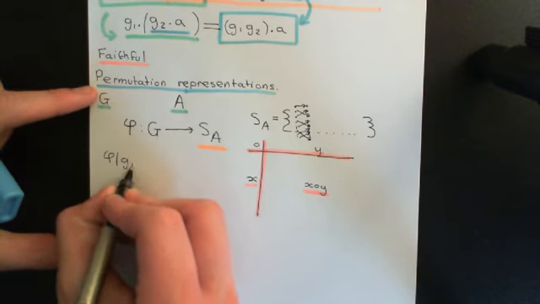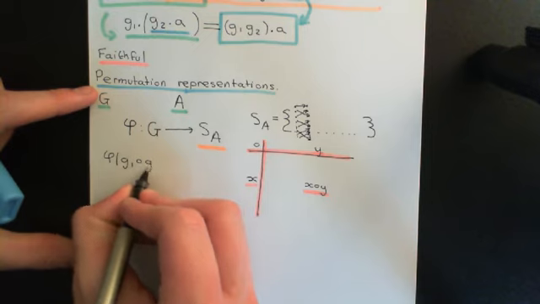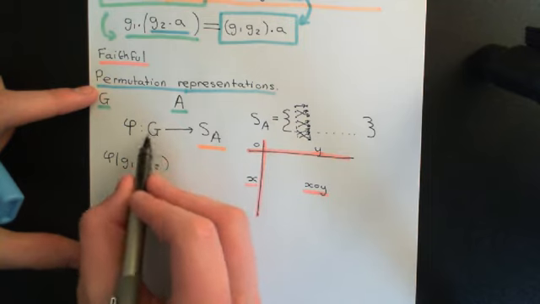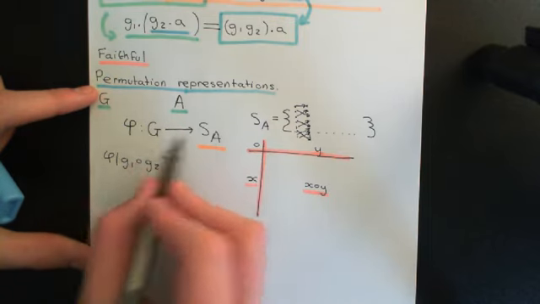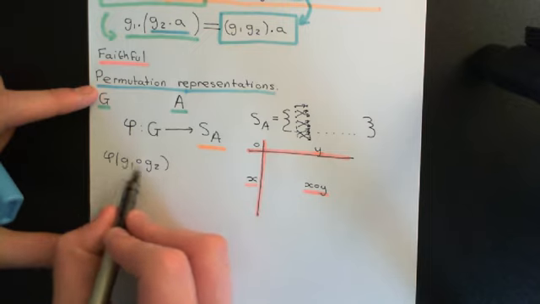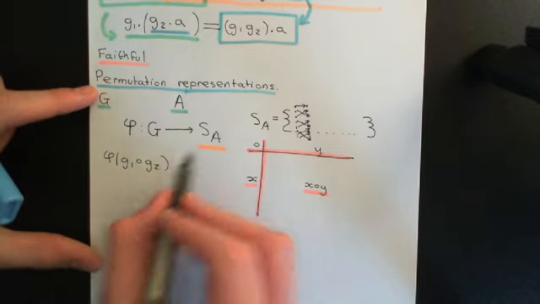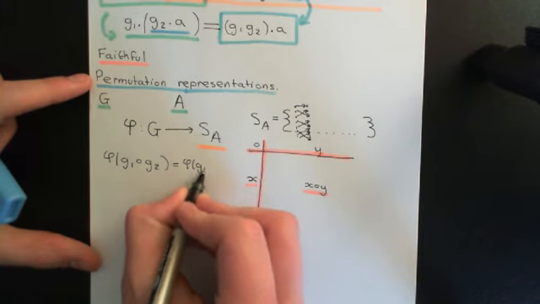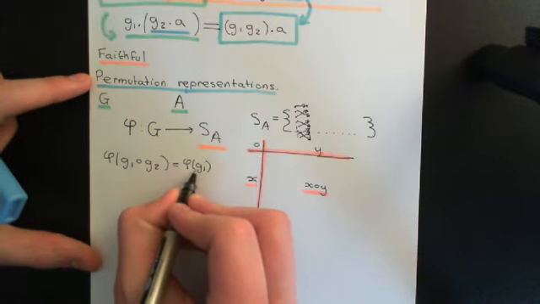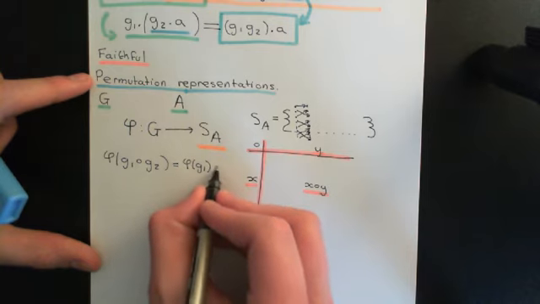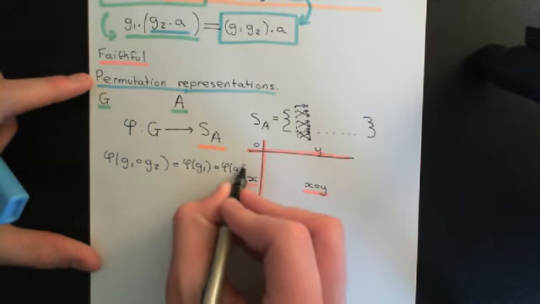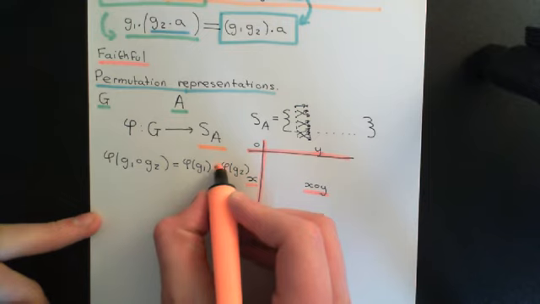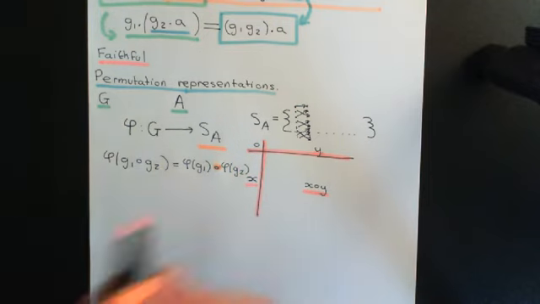We need it to be the case that if you take two elements of our group, G1 and G2, then phi of G1 composed with G2, so you compose G1 and G2 together before you leave this group, and then take phi of that, the associated set permutation to G1 composed with G2 in the symmetric group on the set A, needs to be the same as phi of G1, the associated set permutation with G1, composed with phi of G2, where this is composition in the symmetric group on the set A now, which just relates to the composition of these two set permutations together.